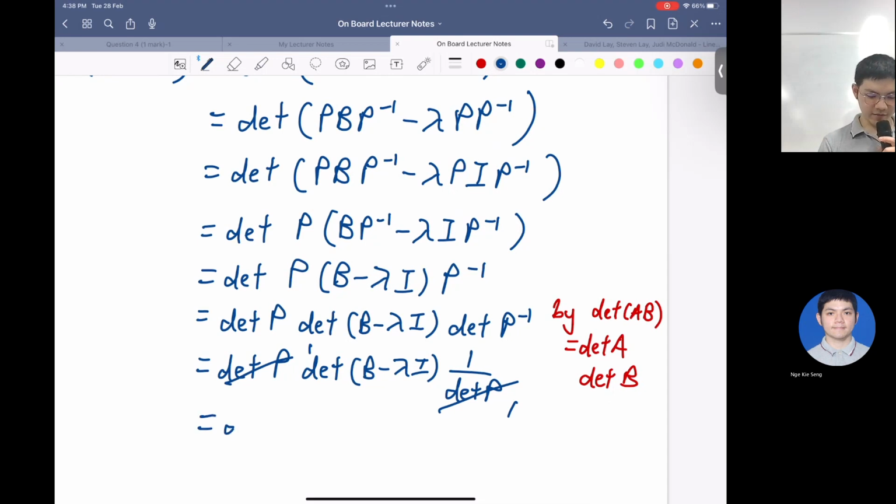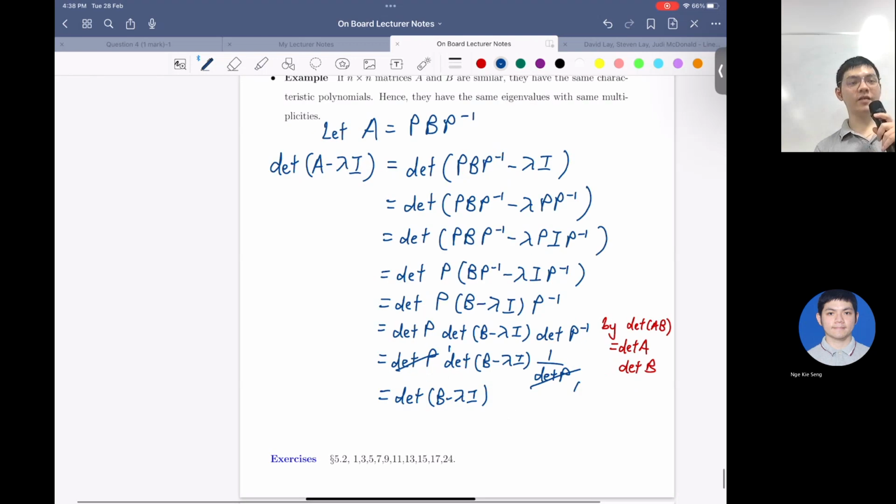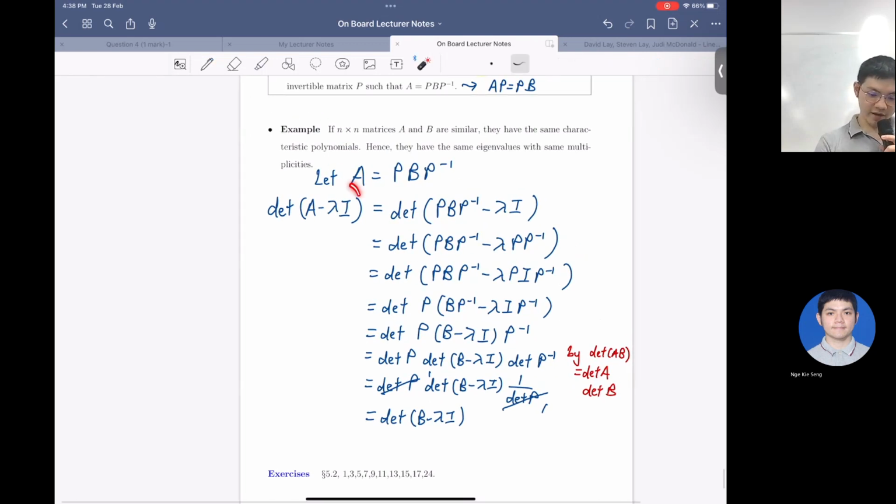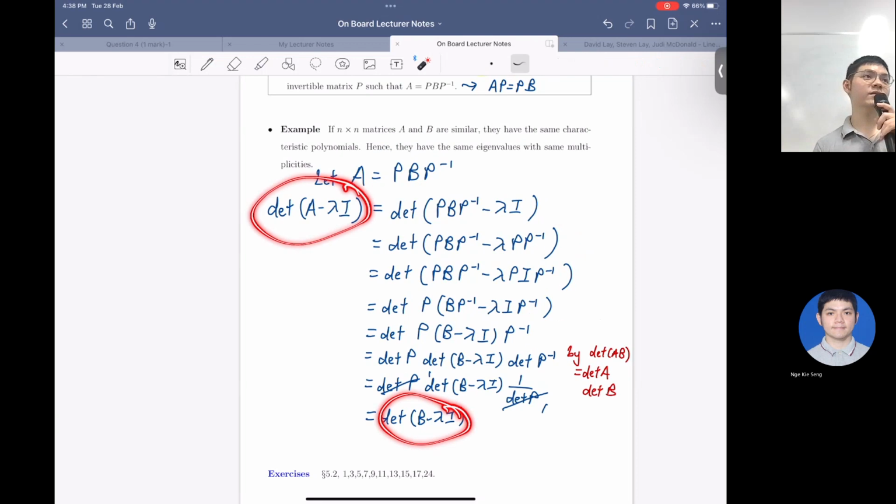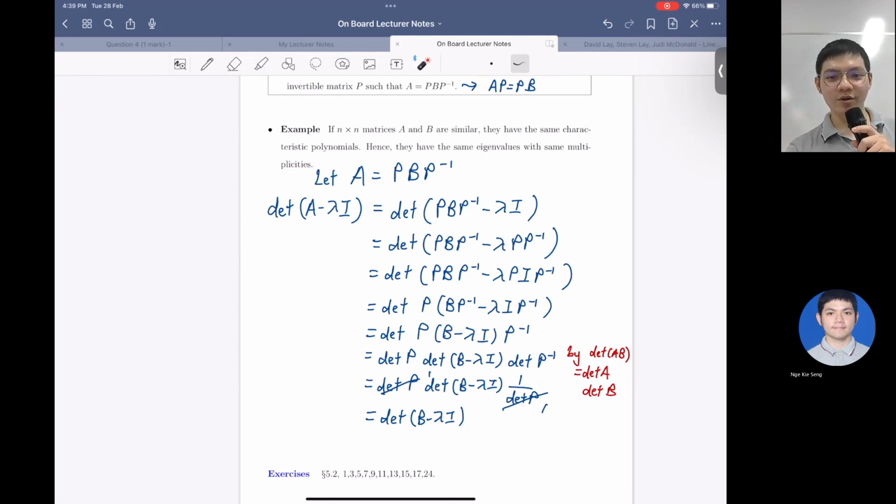Then you get the determinant of B minus lambda I. So we get that the determinant of A minus lambda I and the determinant of B minus lambda I are the same.